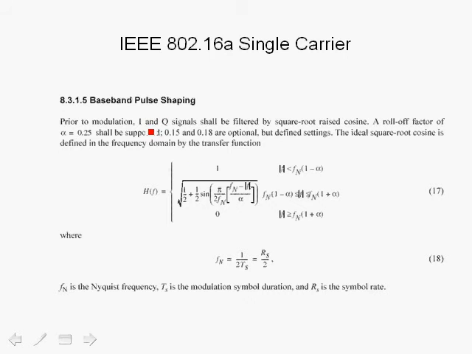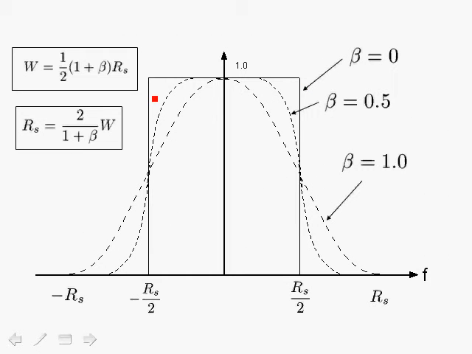For the I and Q signals, they use a square root raised cosine filter to do pulse shaping, and a roll-off factor equal to 0.25 is used. As an option, you can use roll-off factors equal to 0.15 and 0.18. These, of course, result in higher throughputs. So what we're talking about is very relevant in digital communications and is used quite often in single carrier systems and especially in terrestrial microwave links. We'll come back to these equations a little later.